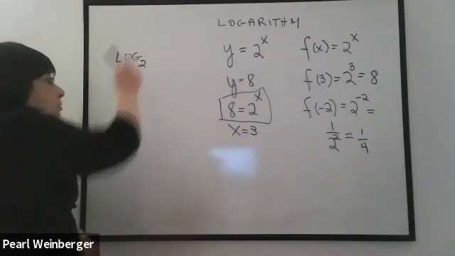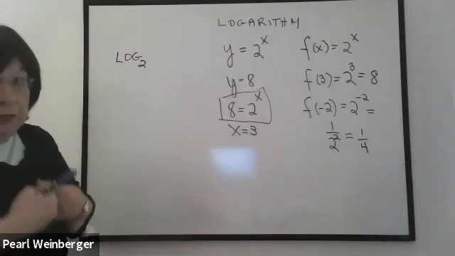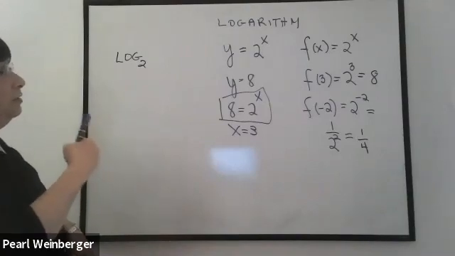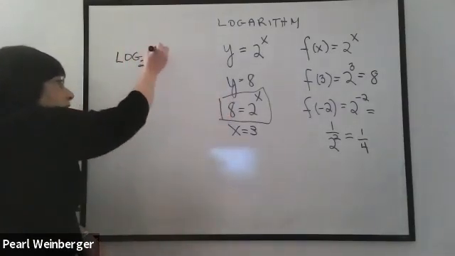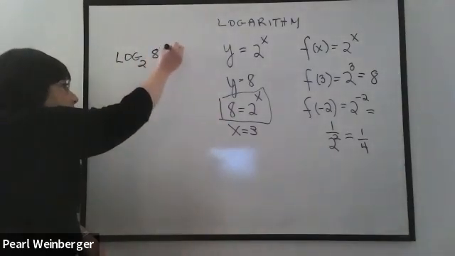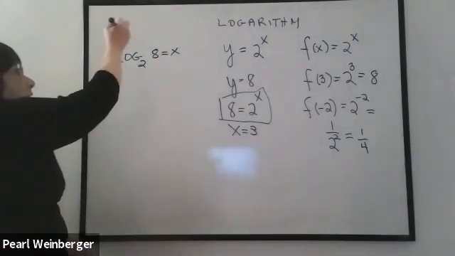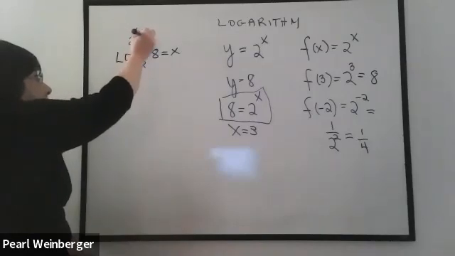Next to the word log, not the exponent, because the exponent is not a subscript, we put the final answer that we have, which is the 8, and set it equal to the exponent. This says the same thing as 2 to the x equals 8.